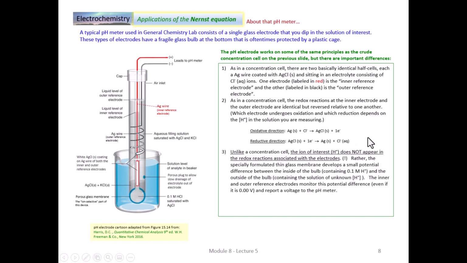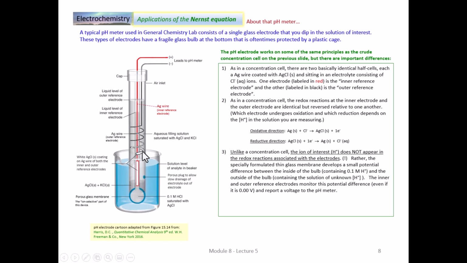Now, unlike the concentration cell that we showed on the previous slide, the ion of interest, which is hydrogen ion here, does not appear in the redox reaction associated with the electrodes. Rather, the specially formulated thin glass membrane develops a small potential difference between the inside of the bulb, which contains 0.1 molar hydrogen ions, and the outside of the bulb containing a solution of a known concentration of hydrogen ions.